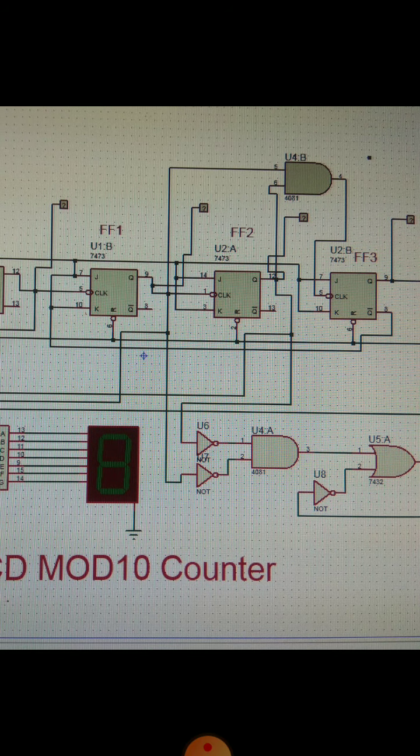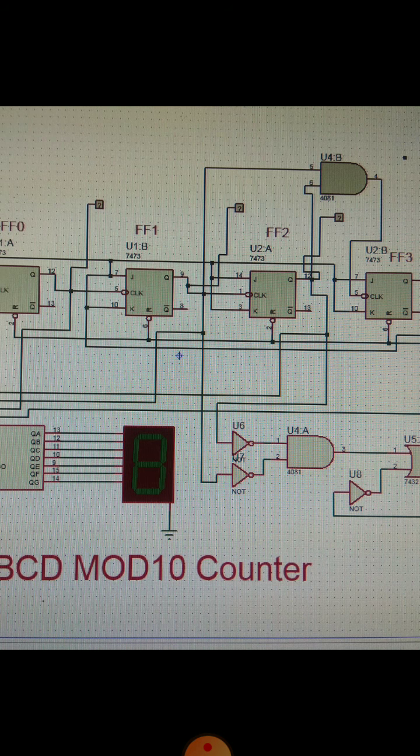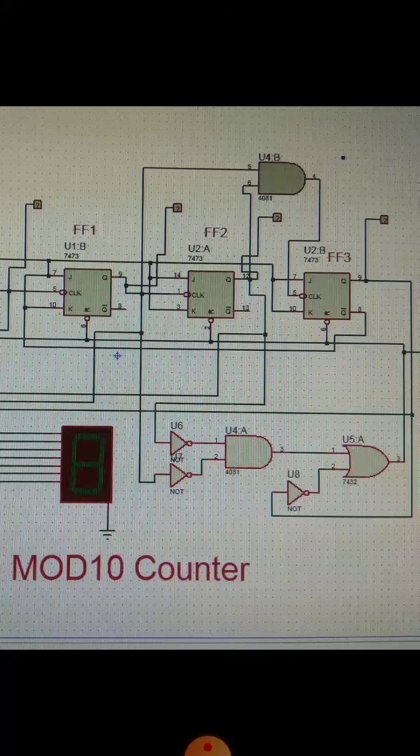And here you can see the reset signal is given through a circuit. You have gone through a previous video which I have shared with you. In that you have seen a reset logic expression, which we derived from Karnaugh mapping.